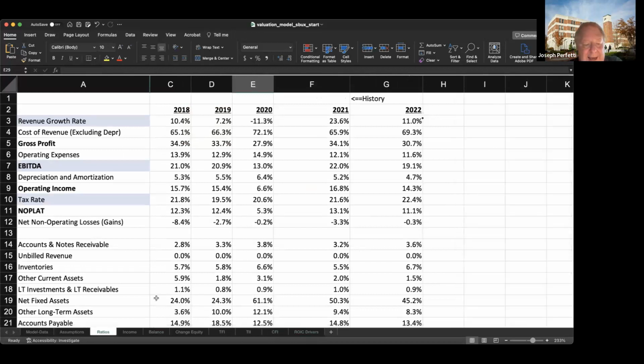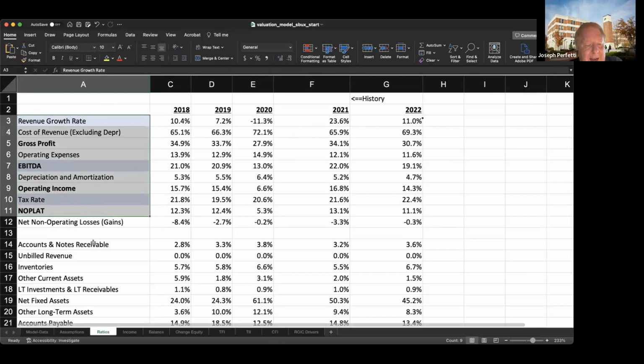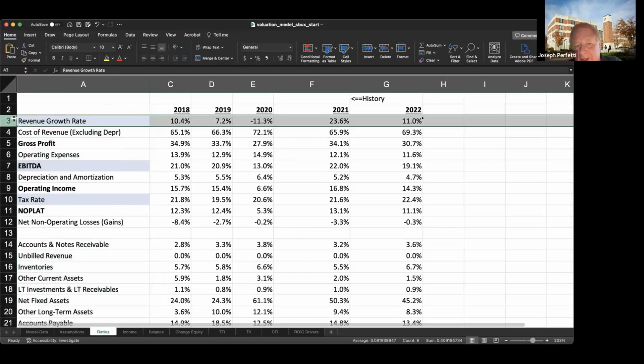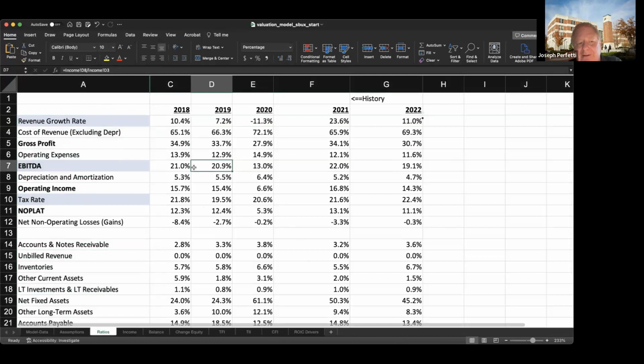So this tab, ratios, is just that. It takes 6 years' worth of income statement and balance sheet data and puts them into a percentage of sales. All of these ratios, with the exception of revenue growth rate, which is a percentage change, are a percentage of sales.